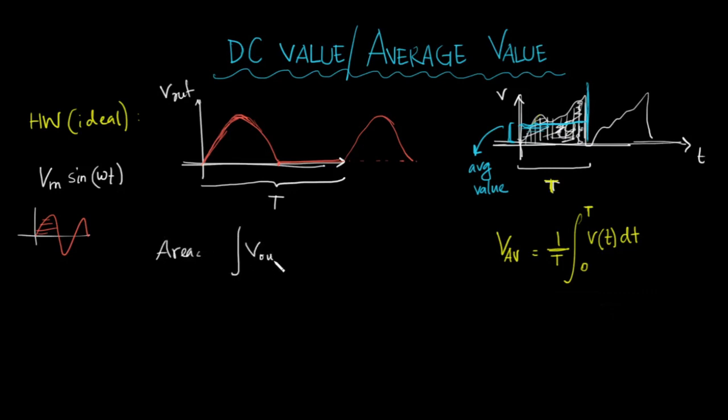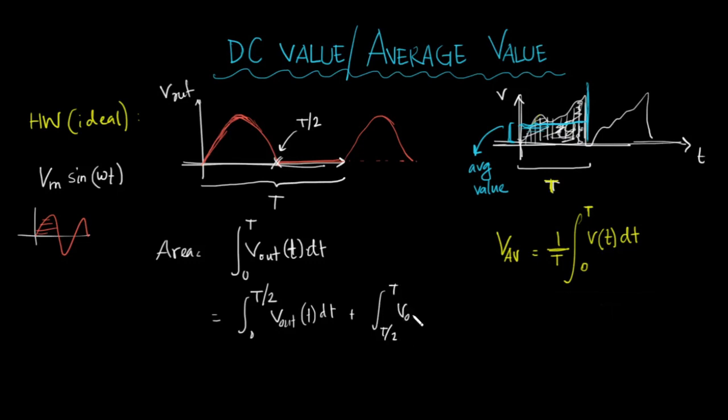We will have to integrate V out, this is a function of time, with dt from 0 to T. So this will be equal to the area from 0 to T by 2, that means the area for the first half part, this is the T by 2 mark, plus the area of the second part, from T by 2 to T, V out(t) dt.